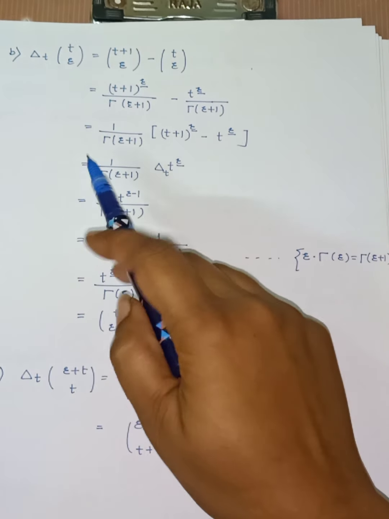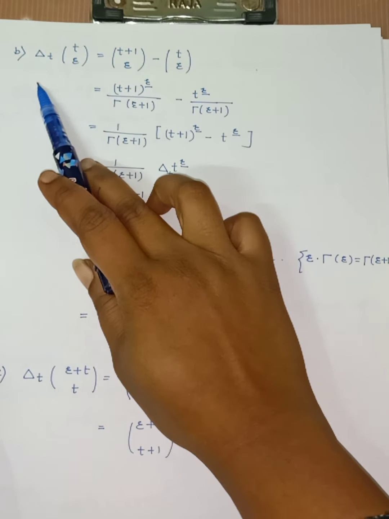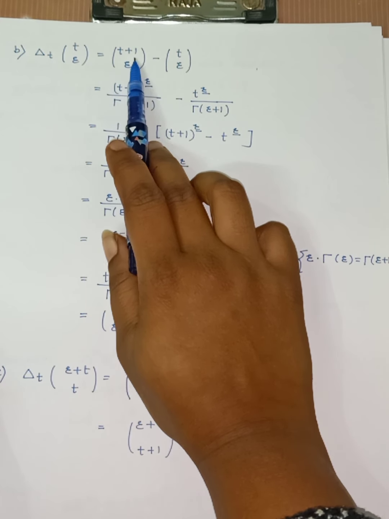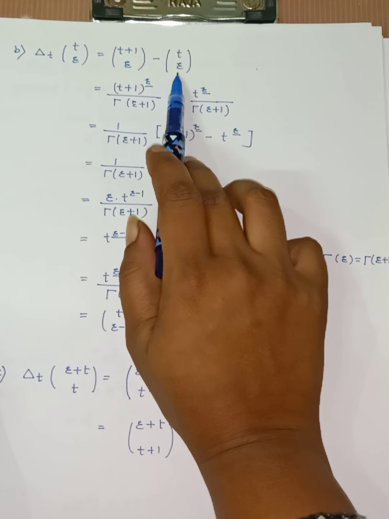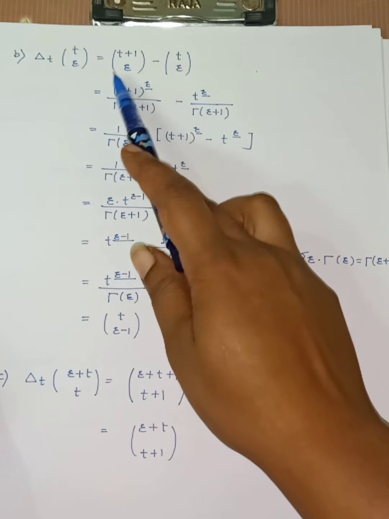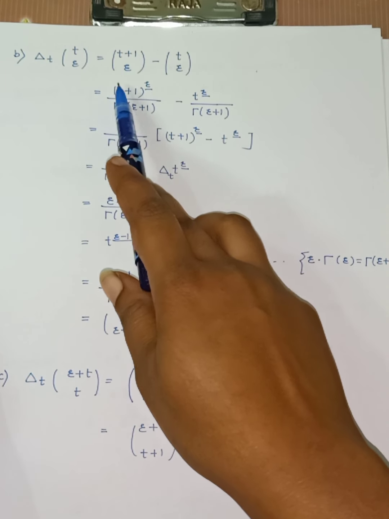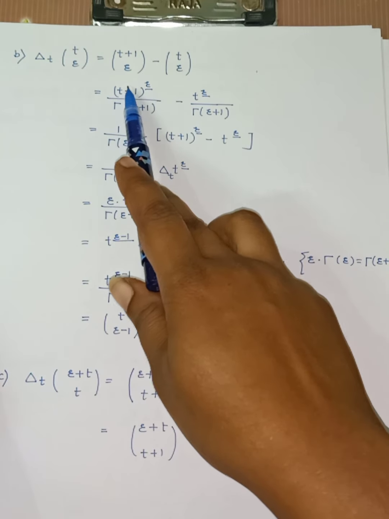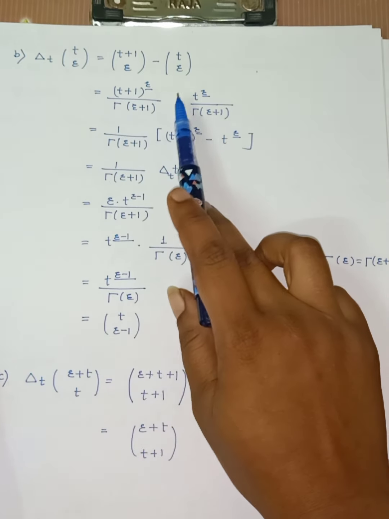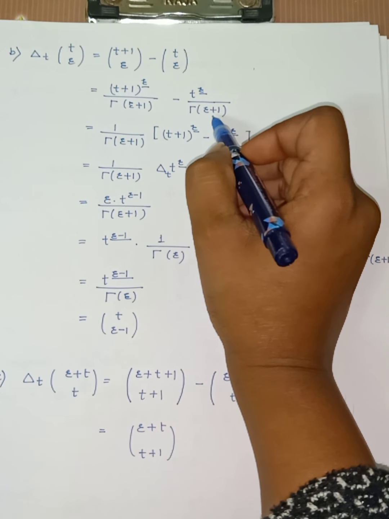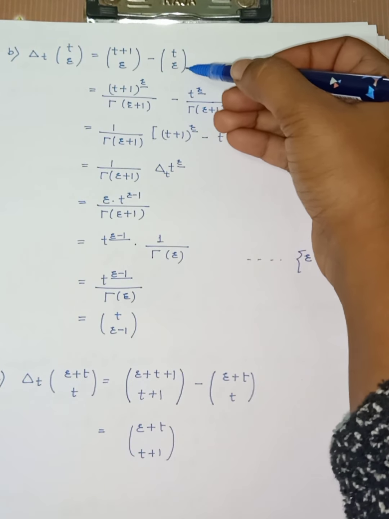Now the next one: delta t operating on t choose r equals t plus 1 choose r minus t choose r. So t plus 1 choose r, how will we write this? t plus 1 to the falling r upon gamma r plus 1, if r is arbitrary. Then minus t to the falling r upon gamma r plus 1, this is for t choose r.